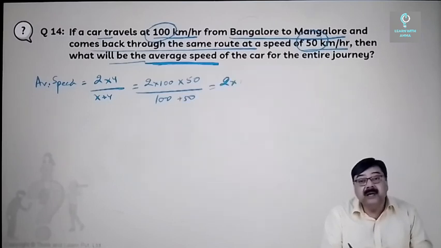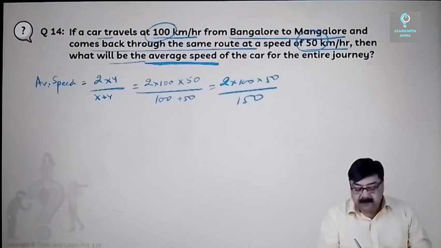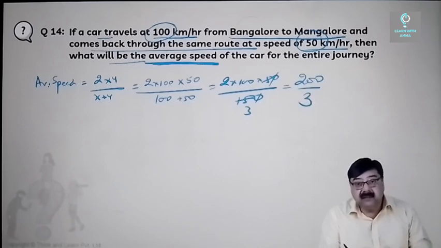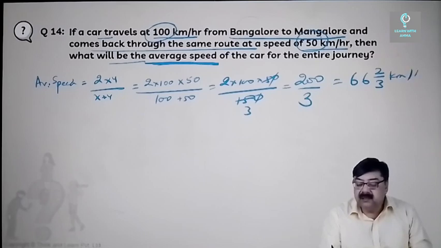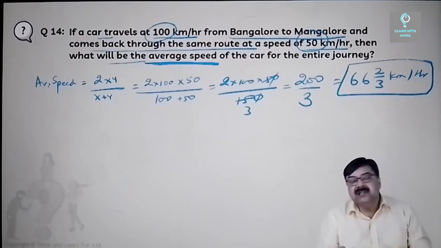So this shall be 2 into 100 into 50 by 150. So zeros go, 5 3s are 15. This becomes 200 by 3, that is 66 2 by 3 kilometer per hour will be the average speed of the car for the entire journey.